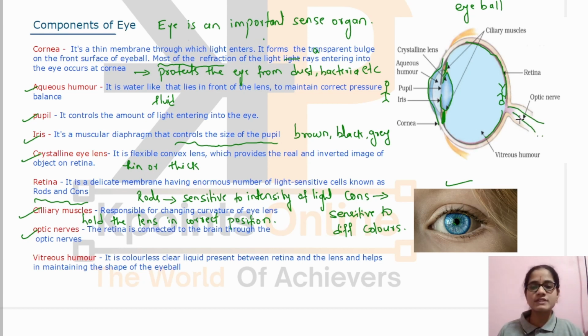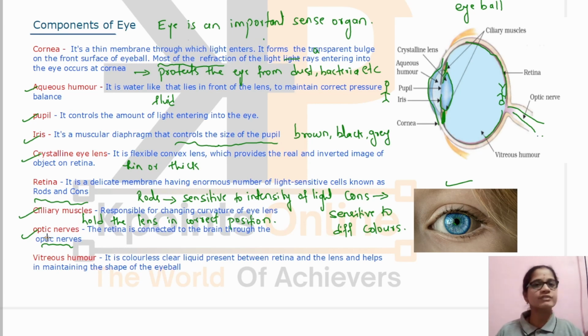The retina is connected to the brain through the optic nerves. And when this information is sent to the brain, it will process the information and we are able to see the objects around us.